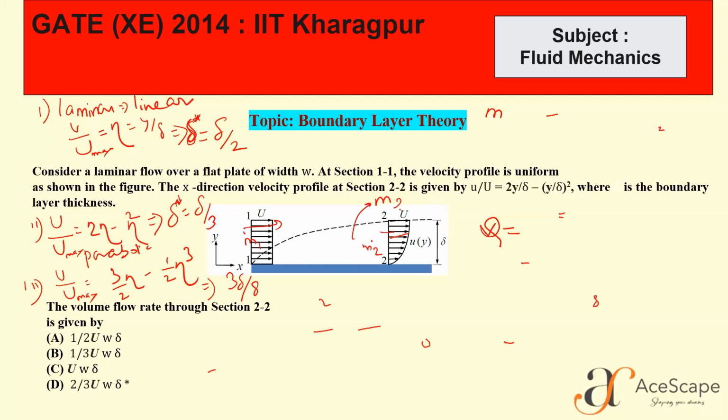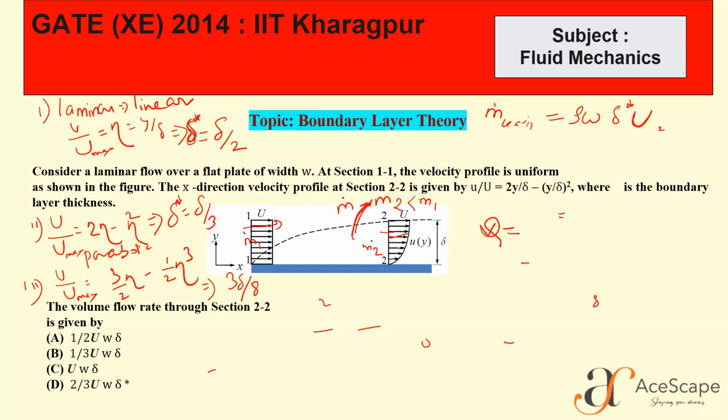So m2 will be less than m1, because some mass is leaving through the surface of this boundary layer. Let's call it m dot leaving. This m dot leaving is nothing but rho times W, the width of the boundary layer, times del star times the velocity U.